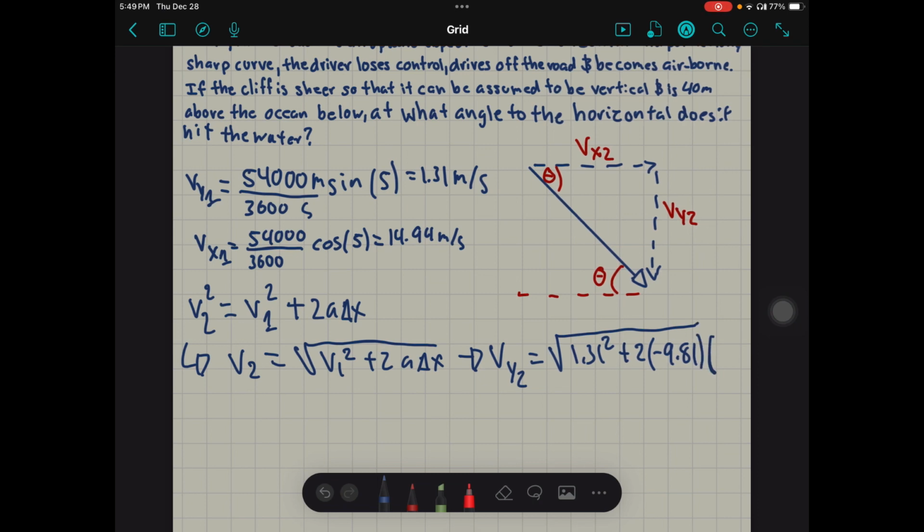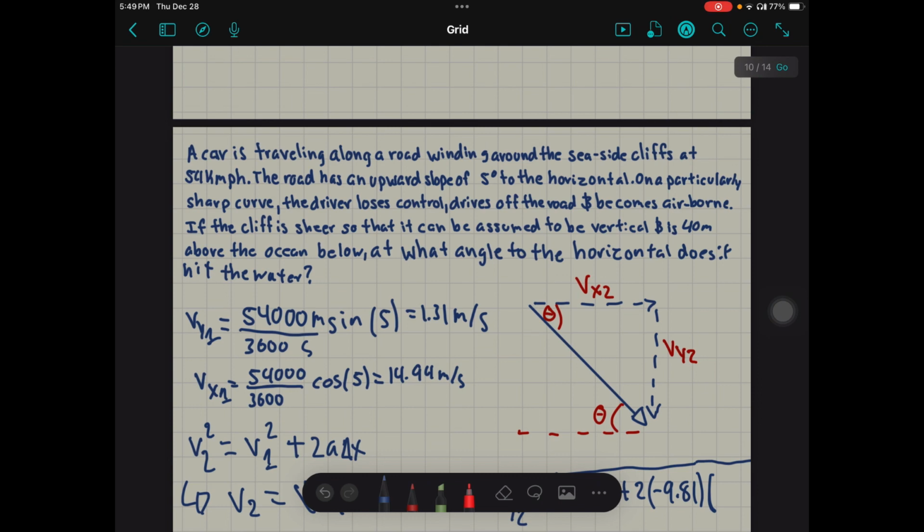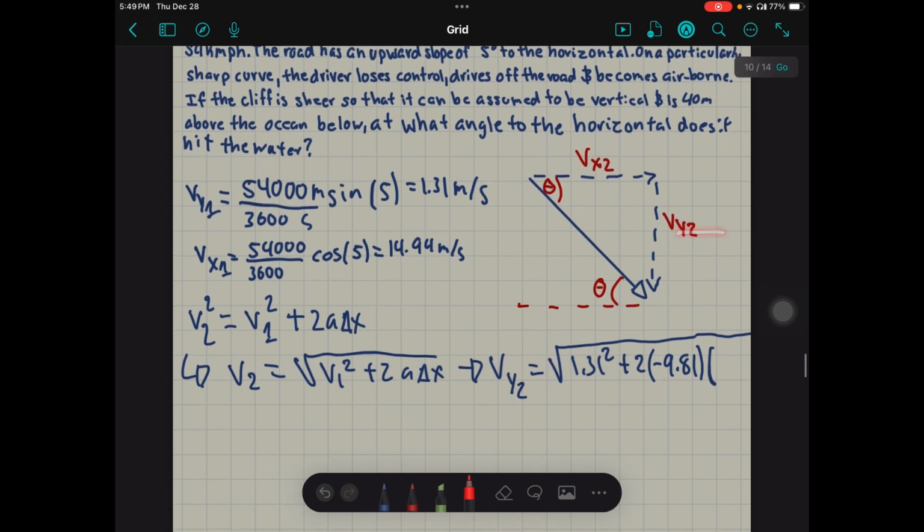We're going to multiply that by negative 40 because in our problem it says that the height of the cliff is 40 meters right here. Essentially, you're starting at a height of 0 and you're going down 40.